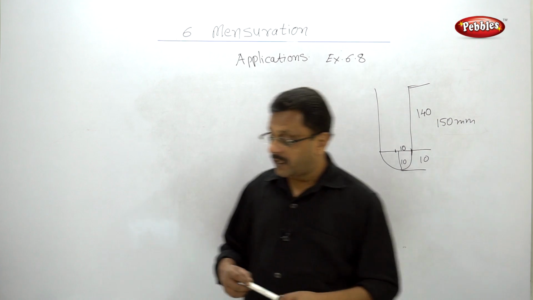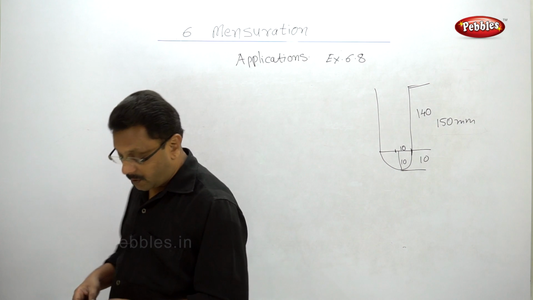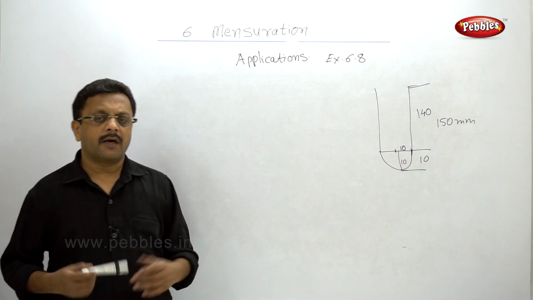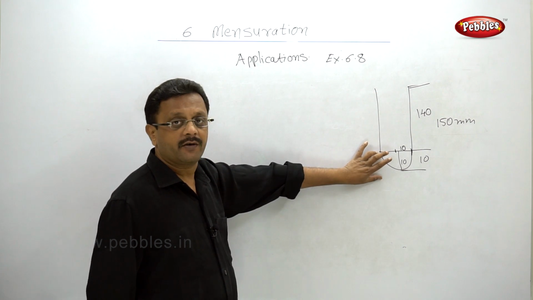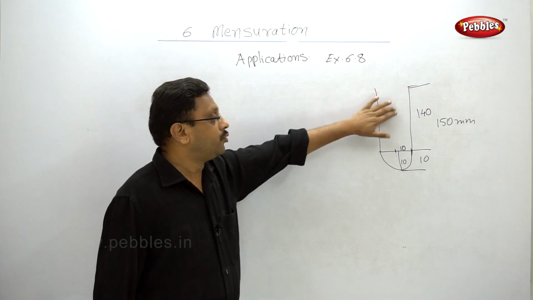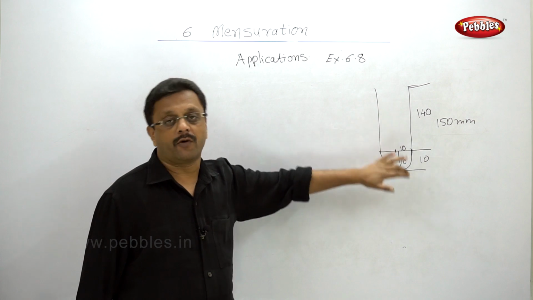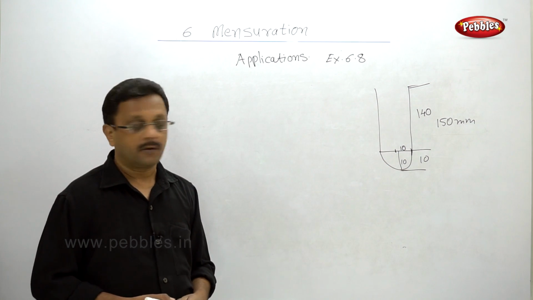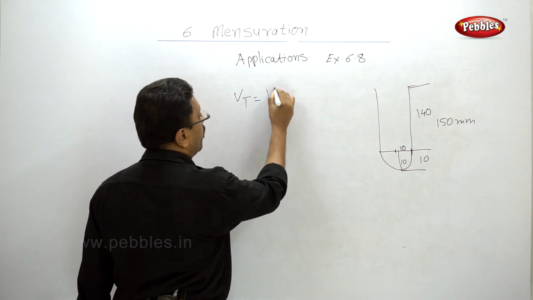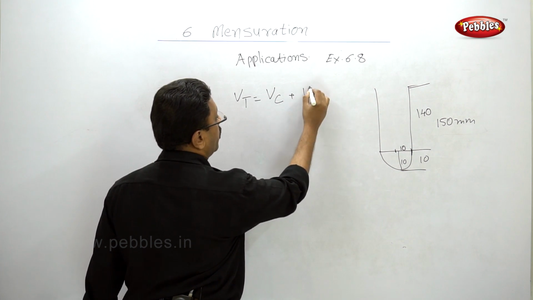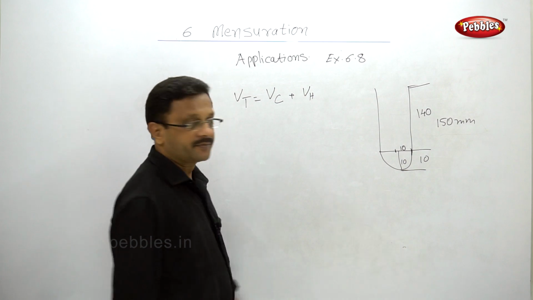Now they want to know the capacity. What will be the capacity? The capacity will be the joint capacity of this cylinder and this hemisphere. That means you have to add the volumes of both figures. So total volume will be the volume of cylinder plus volume of hemisphere.